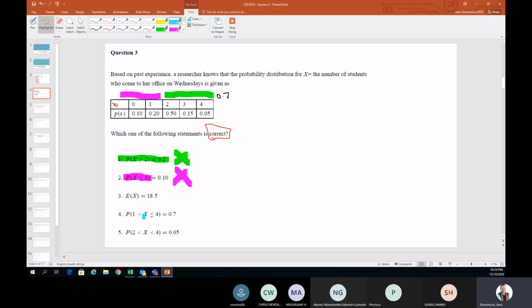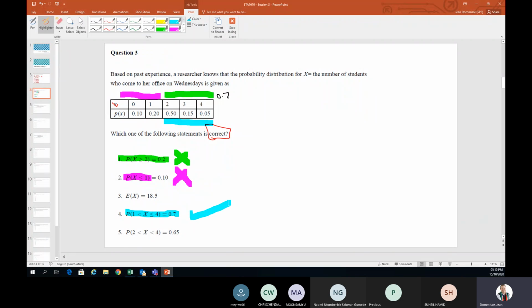So bigger than 1. Bigger than 1 does not include 1, but smaller or equal to 4, so it goes up until 4. So bigger than 1, smaller than and equal to 4. And that one is exactly the same as the other, which you can see have been written in two different formats.